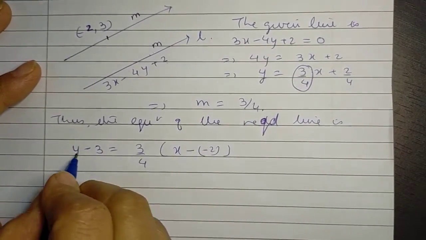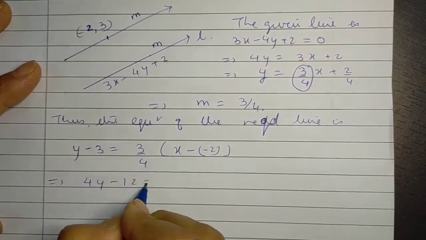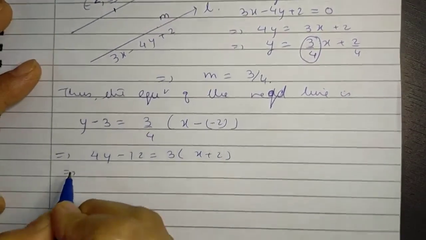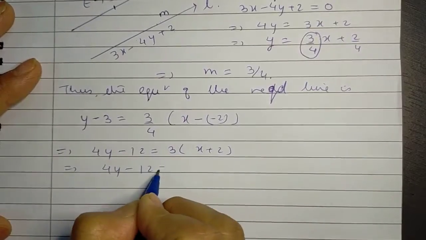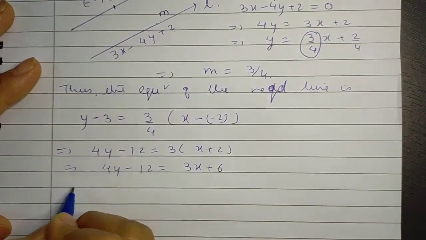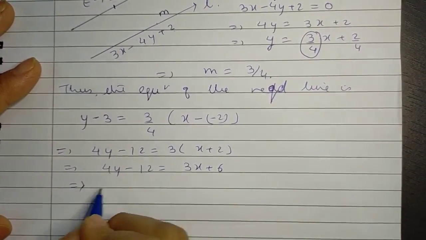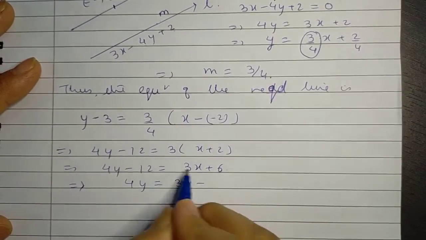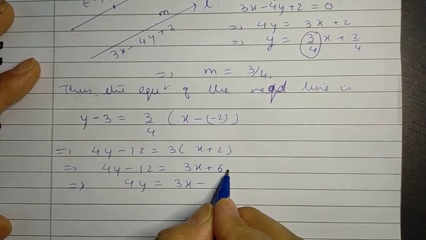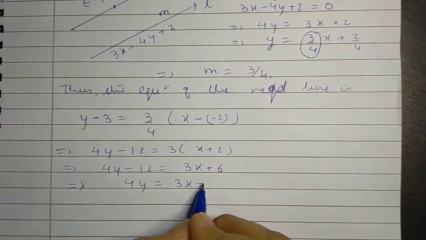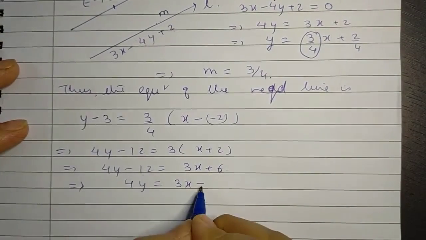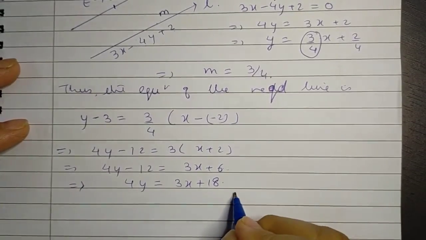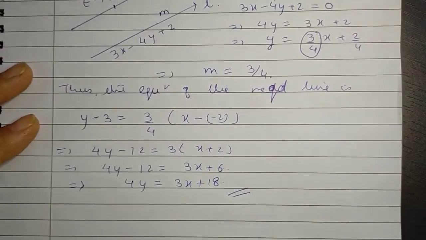Solving, we take this 4 to this side. 4y - 12 is equal to 3 times (x + 2), which gives us 4y - 12 is equal to 3x + 6, which on solving gives us 4y is equal to 3x + 6, and this 12 comes to this side and becomes plus 12. This gives us 6 plus 12 is plus 18, and this is the required equation.